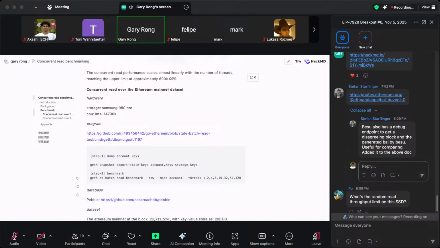Yeah, I think when I did my benchmark, it is the only program I am running, so I would assume that it can use all the available cores. But as I said, in my setup I use this particular CPU and this particular SSD. If we use something different, maybe the numbers could be slightly different.